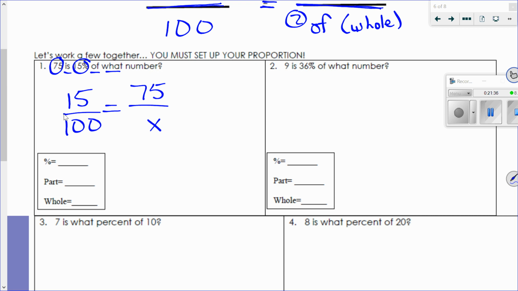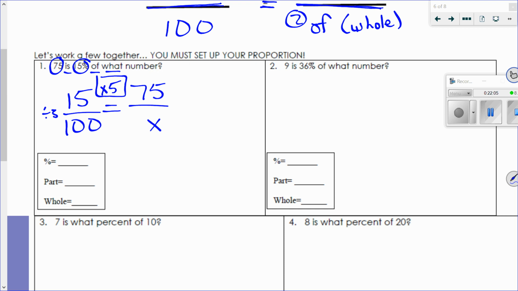Okay. Now we do our magic box. Can I go directly from 15 to 75? No. Yeah. Multiply by 5. If you didn't see it, we could always step back. If I needed to step back, 15 and 100, I could divide both those by 5.